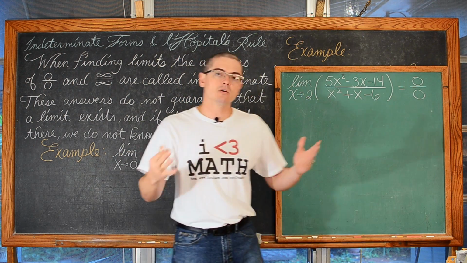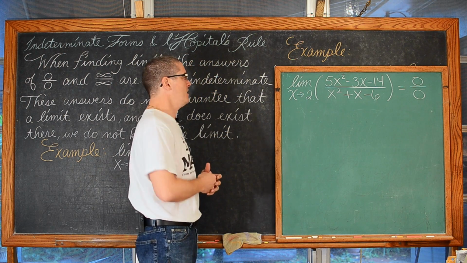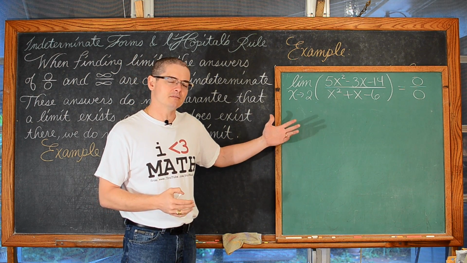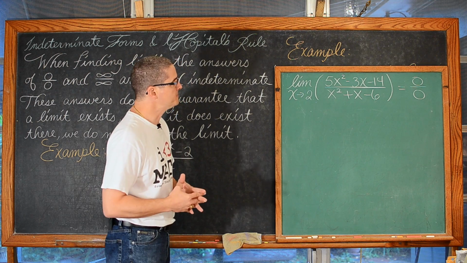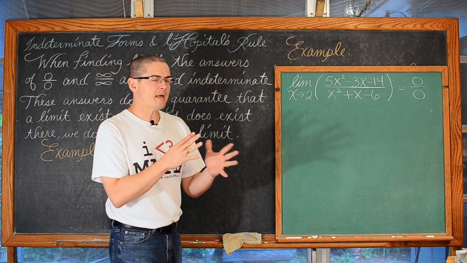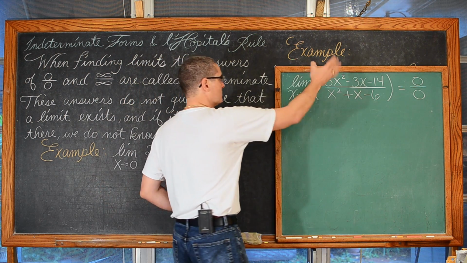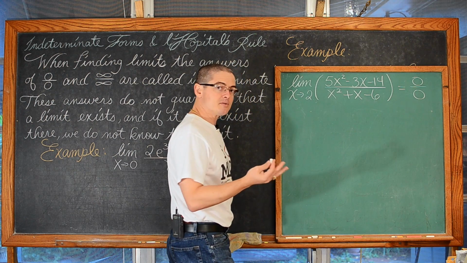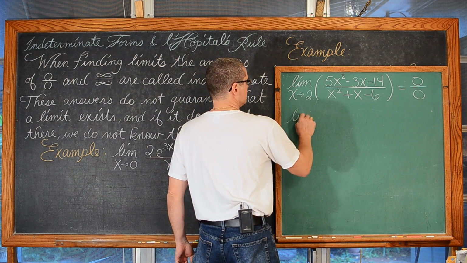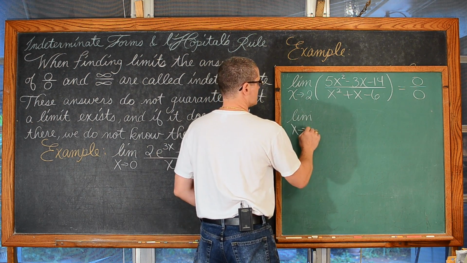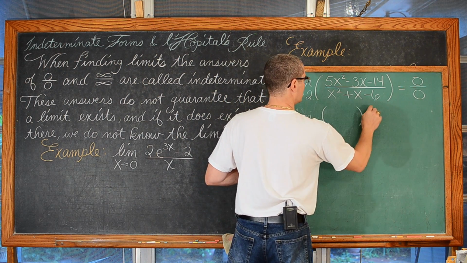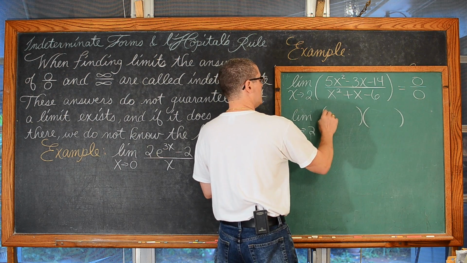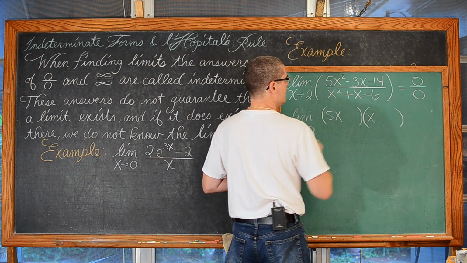We did these problems earlier in the year, and we don't need a graphical representation of this function or even a table to figure out what the limit is equal to, because I can algebraically manipulate this expression to allow us to find the limit. It's going to be the limit as x approaches 2 of, let's see here, we're going to have 5x and 1x.